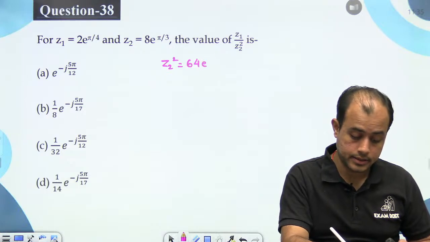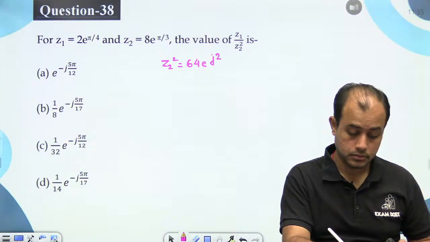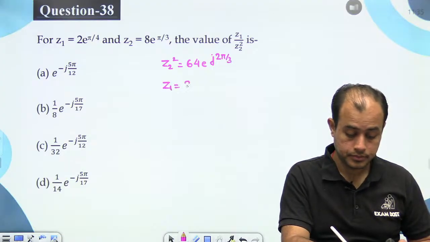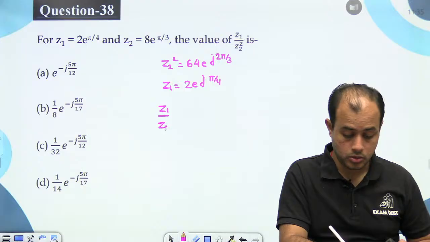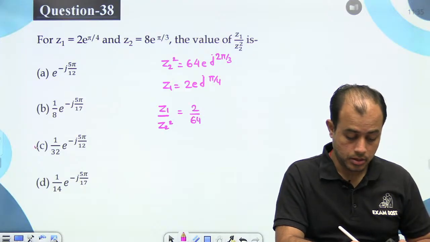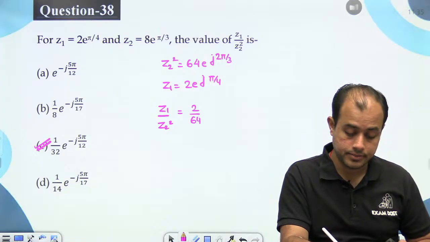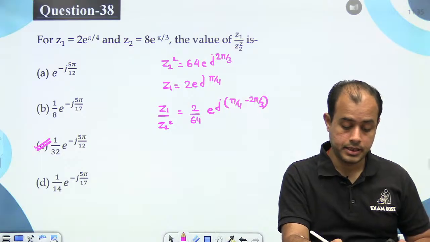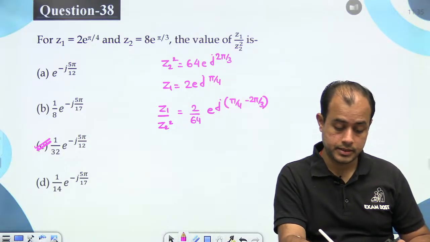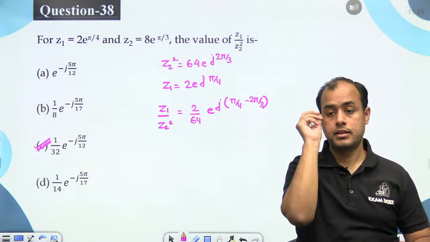Z2 square is Z1 by Z2 square. From here only I can tell it is C. Correct? 3 minus 16. So 3 minus 8 minus 5 pi by 12. C.